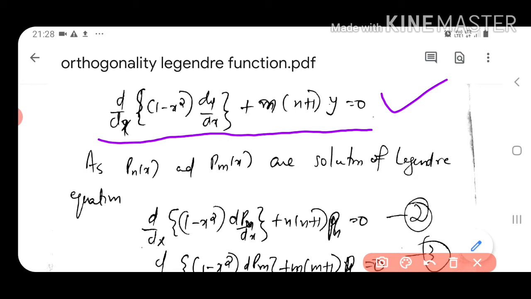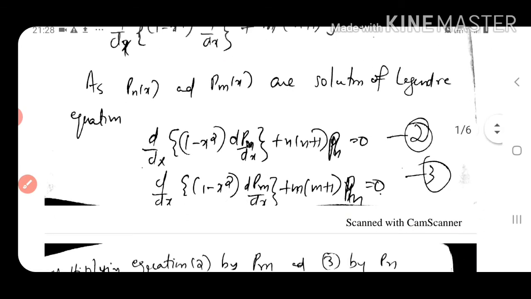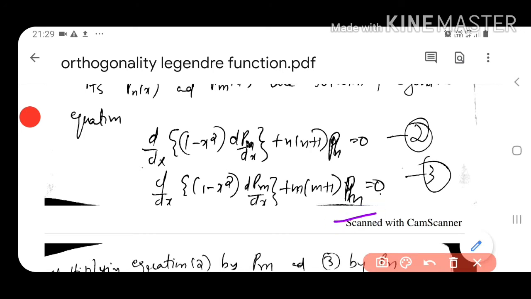And we know the solution of this is y equal to Pn(x), because here we have n. And if we take indices as m into m plus 1, then Pm(x) will be the solution.